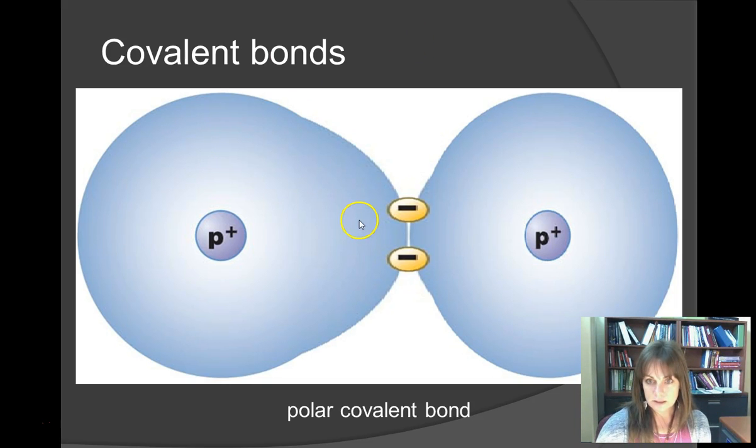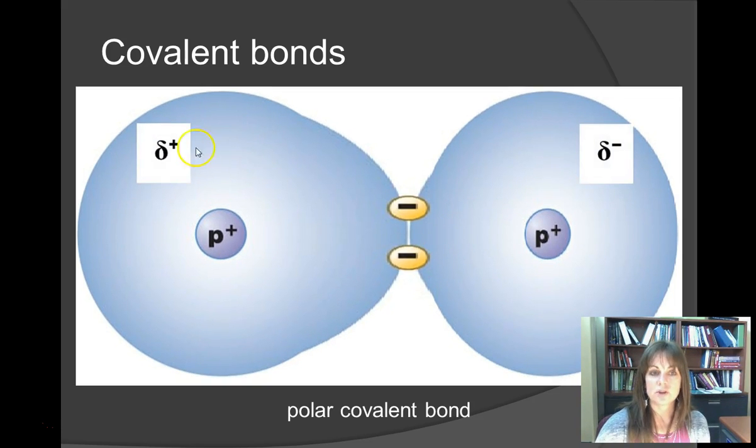Polar covalent is two atoms sharing electrons, but they're sharing them unequally, and so that gives you partial charges. The electron hog is a little bit negative because it's holding those negative electrons tightly, and this guy's a little positive because it's not holding those negative electrons tightly.